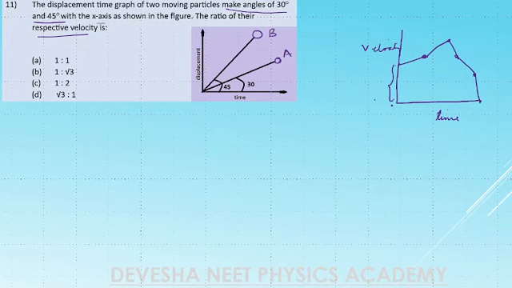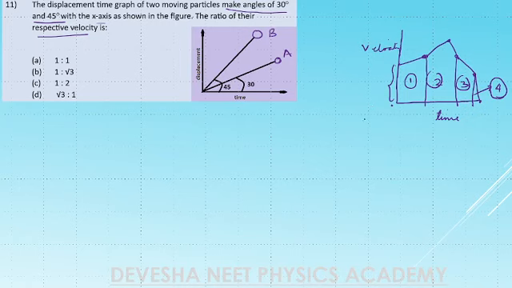So there are 4 different time spans. This is one time span, this is the second, the third, and this is the fourth time span. So how do you compute the distance in such cases?